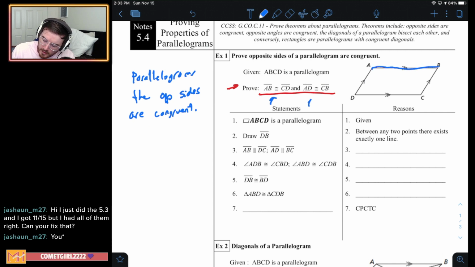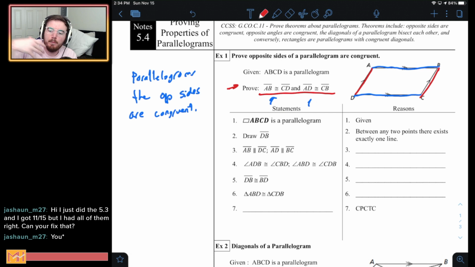AB is congruent to CD, and AD is congruent to CB. We know that to be true, okay? However, why is it true? It's kind of a fact that we've all been assuming. We haven't really proved it very concretely. You know what I mean?